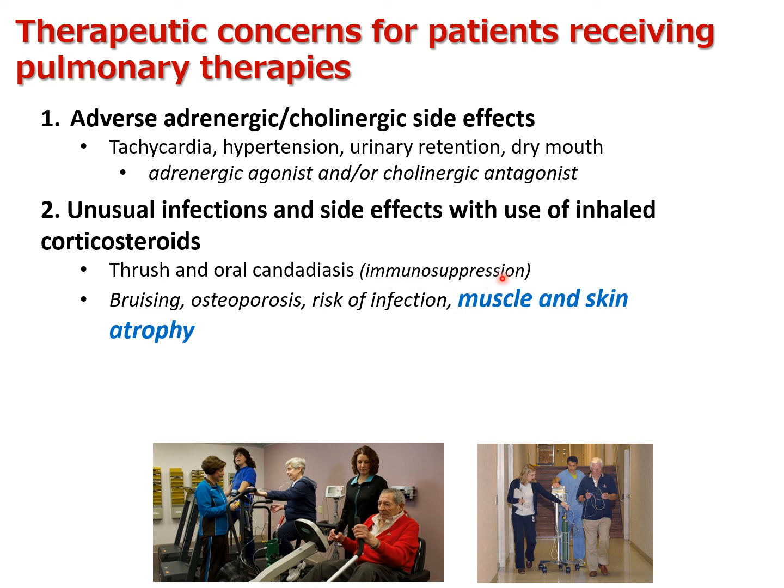So if you suppress the immune system, you may provide an opportunity for increased populations, and that can lead to infections and untoward symptoms like candidiasis, which is basically a fungal infection inside the mouth and the throat. Thrush is a little more throat-oriented, but again, that can lead to severe side complications, difficulty breathing, and so forth.